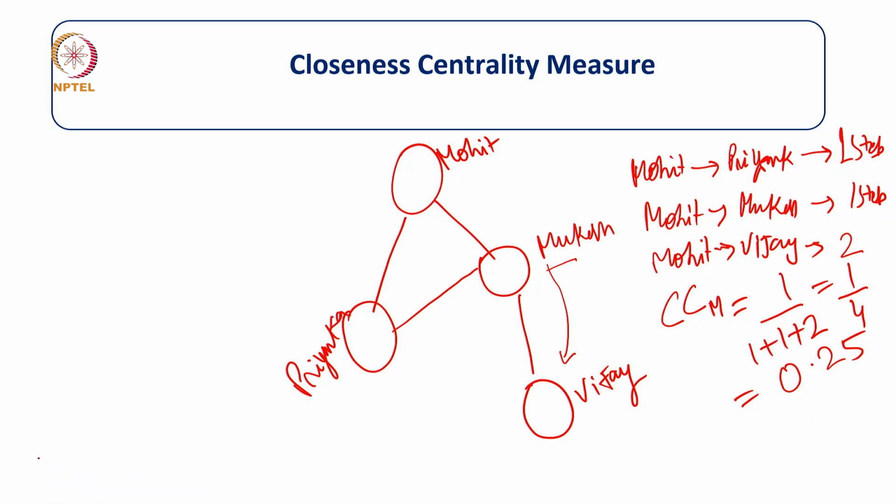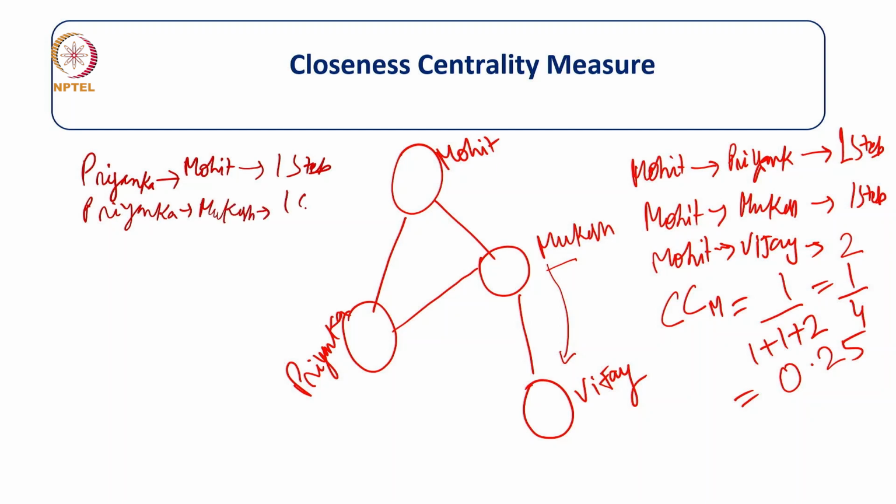Now we will calculate the closeness centrality of Priyanka. For Priyanka to Mohit, one step. For Priyanka to Mukesh, one step.